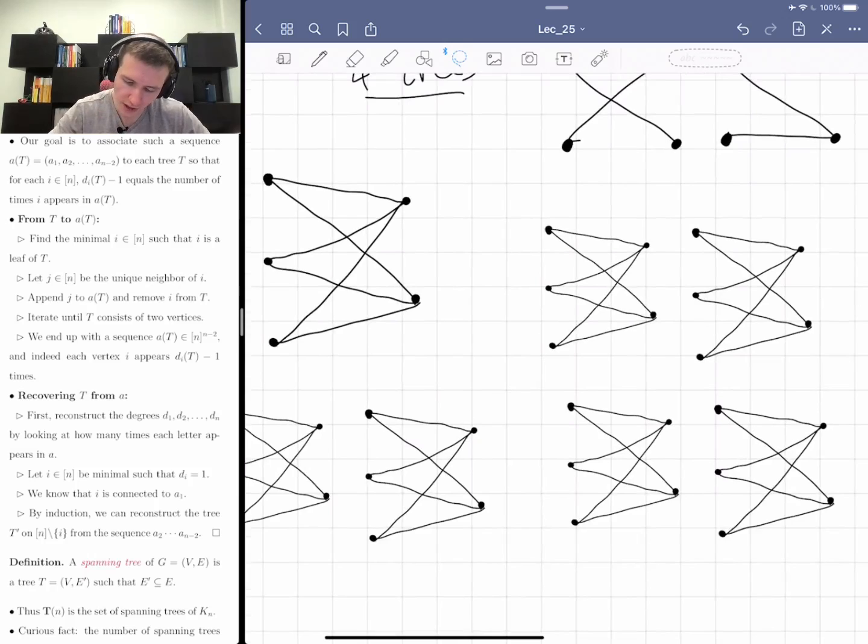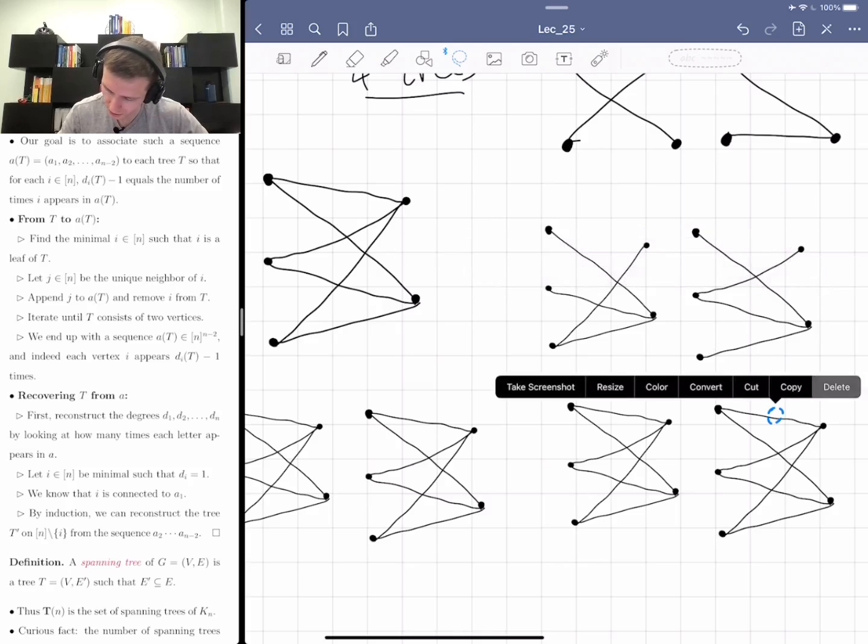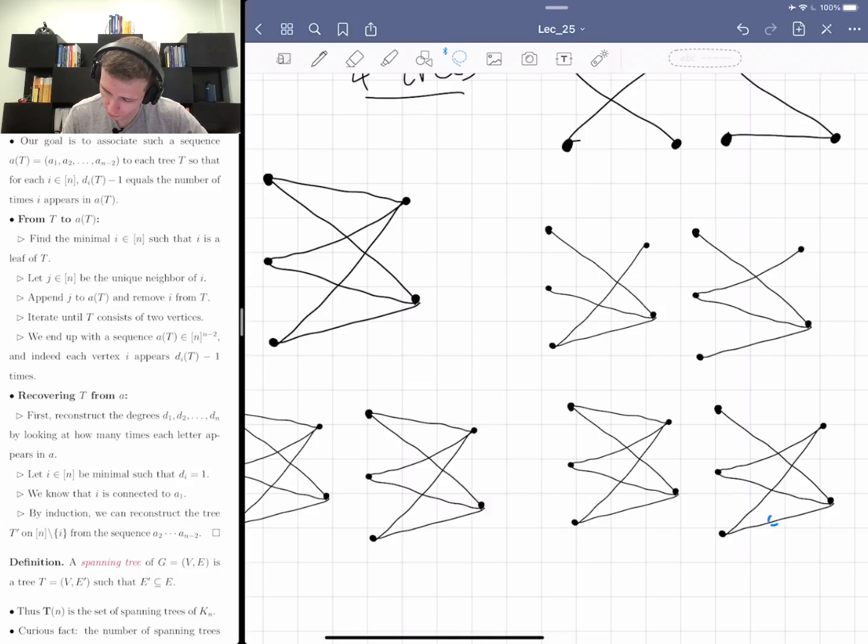Okay, so it has 5 vertices, which means that I should leave 4 edges. So I should remove 2 edges. Let's say I remove this edge here, then I can remove this edge here, or remove the first edge. Once I have removed the first edge, I get a single cycle, so I can remove any edge of that cycle.